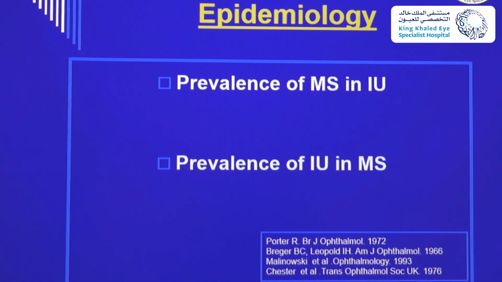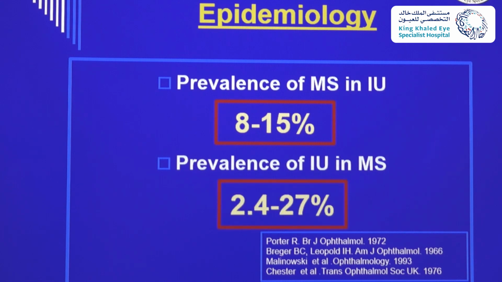The prevalence of multiple sclerosis in intermediate uveitis is almost 15%, while in patients with multiple sclerosis, intermediate uveitis is almost 27 to 30%. So we have to keep this relationship in mind. When you have a patient, especially a young female, you have to correlate it with intermediate uveitis and multiple sclerosis.